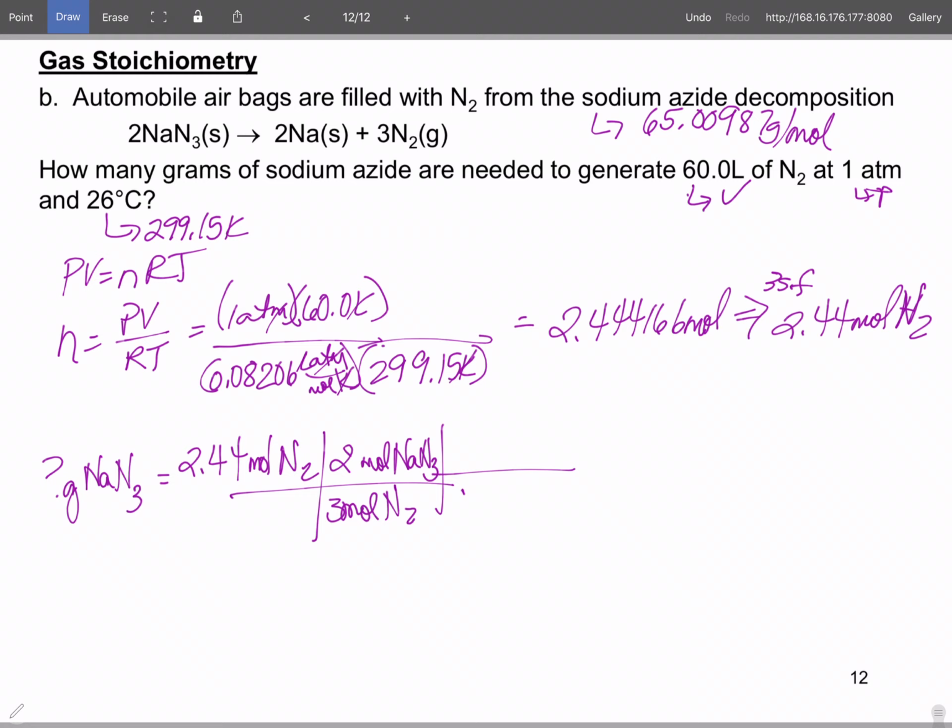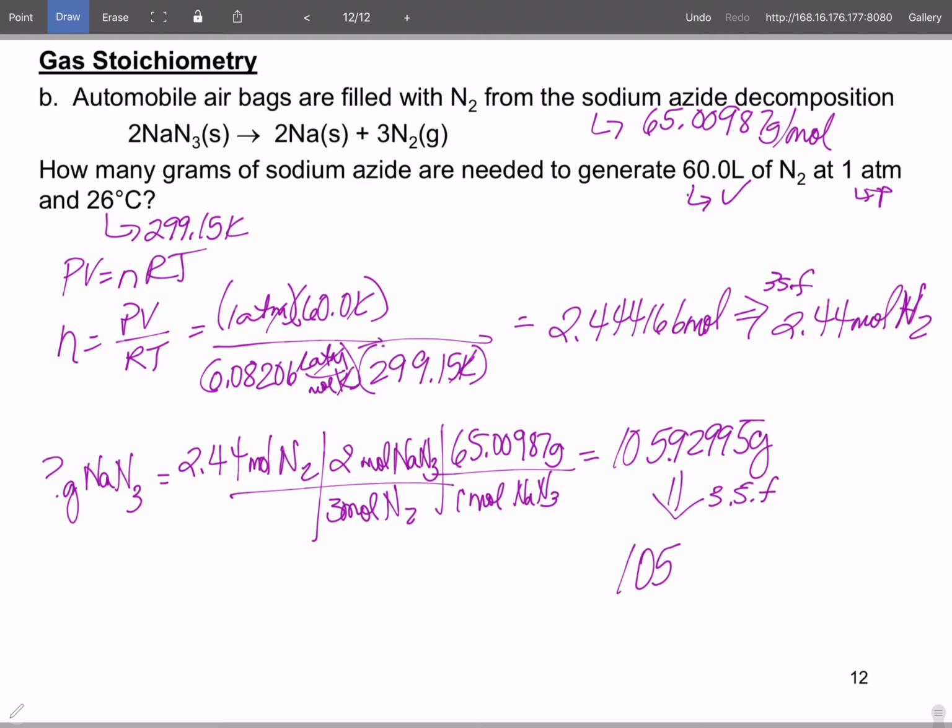And 1 mole of sodium azide is equal to 65.00987 grams. So when we do the math, we end up with 105.92995. I used a slightly different moles, but we're going to use 3 significant figures. So we would end up with 106 grams of sodium azide.